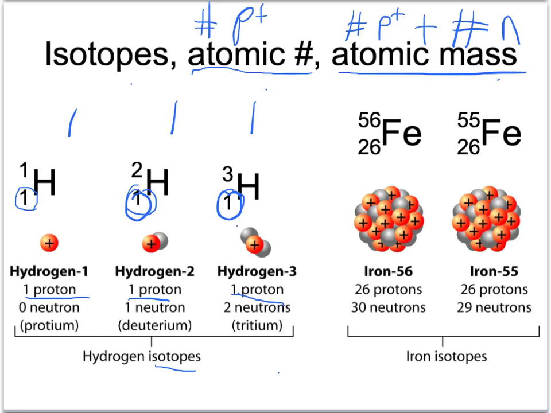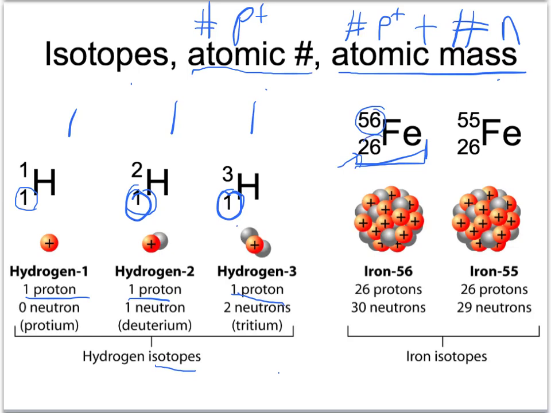So over here on this iron atom, if we look at the symbol here for this one isotope of iron, we can conclude from this symbol and the information given by it that there are 26 protons and that there are 30 neutrons. Now you might ask, well, where did 30 come from? The atomic mass, the top number, is the number of protons plus neutrons.